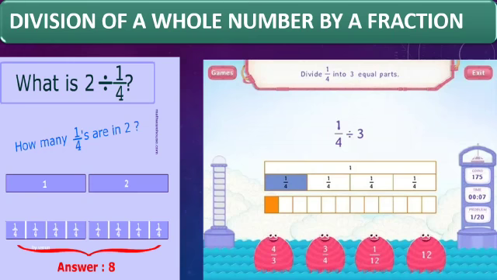Now, if we have to divide 1 by 4 into 3 parts, what we have to do? We have to draw equal lines, and we are going to cut, see here, the first 1 by 4 into 3 parts. And when we divide 1 by 4 into 3 parts, we get a lesser part again. That's why we get 1 by 12 as the correct answer.